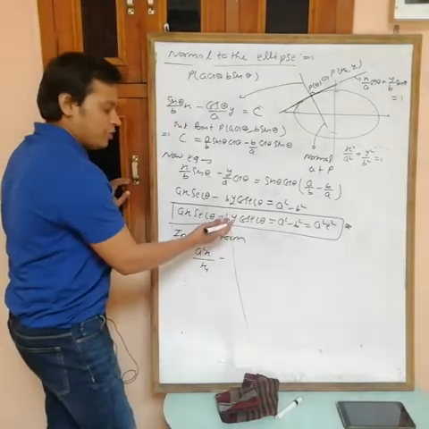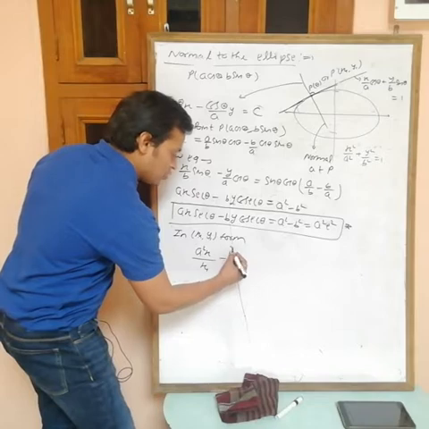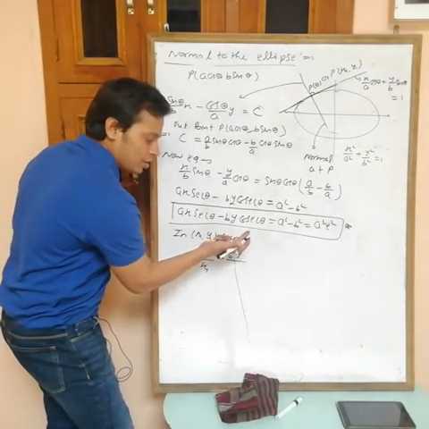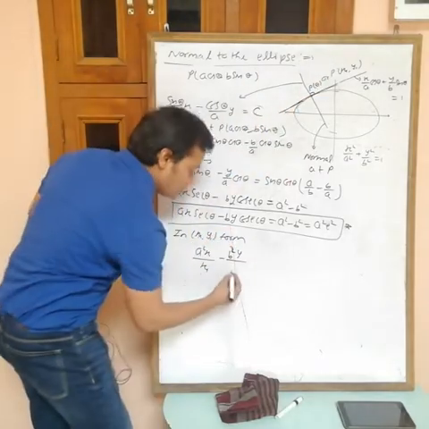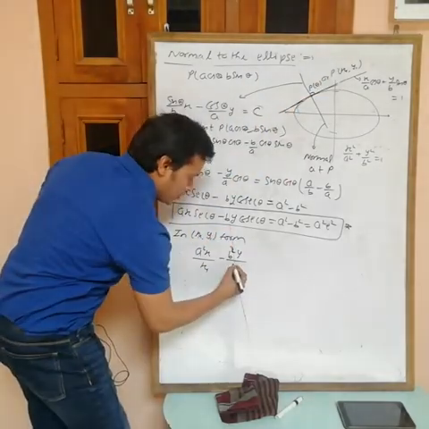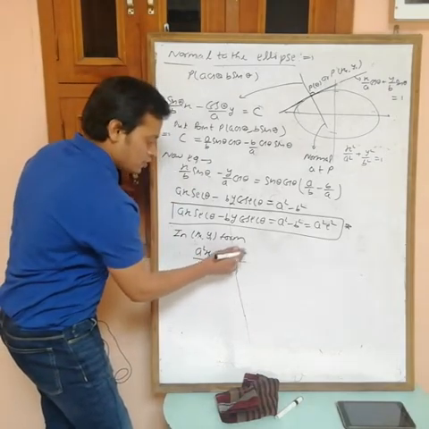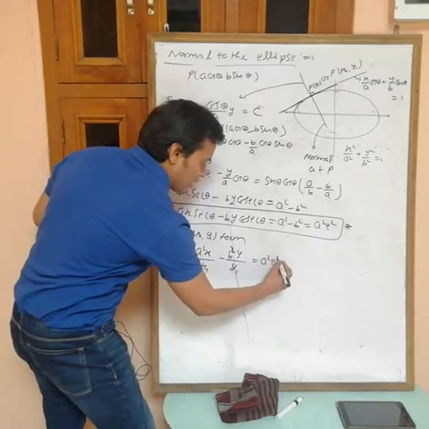Similarly, multiply with b in numerator and denominator, then you will get b square y; in the denominator b, cosec becomes sin, b sin theta, which can be written as y1. Okay, so a square x by x1 minus b square y by y1 equals a square minus b square, or a square e square.